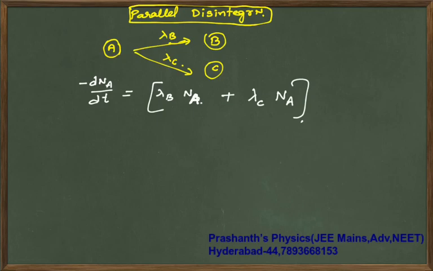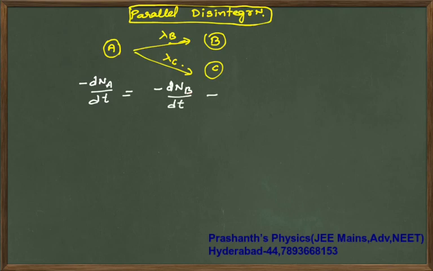So this is what you get because of the simultaneous decay. It is better to write the equation this way: your net decay of A is the formation of B plus the formation of C, that is dNb/dt plus dNc/dt.